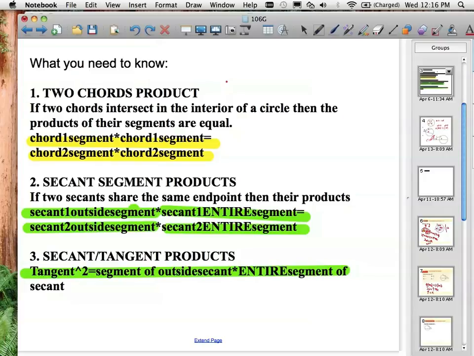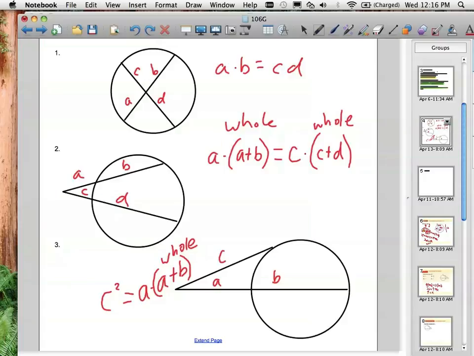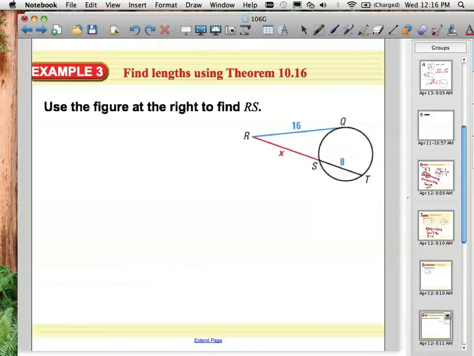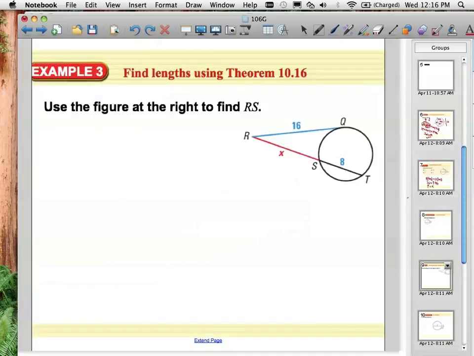So it's the third one, yes. Third one looks like this. Someone give me some setup. Pay attention. 16 squared equals x plus x times x plus 8.